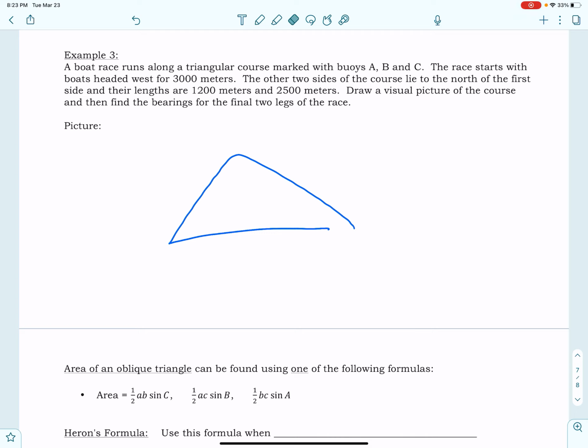So we're going to create a triangle, a prettier triangle, with everything marked. All right, so we're told the boat heads west for 3,000 meters. So if you think about a compass, north, east, west, south, west means it's headed left, basically, from our point of view.